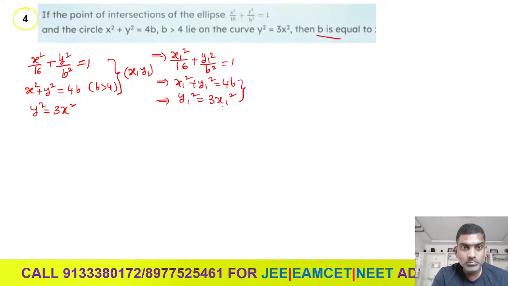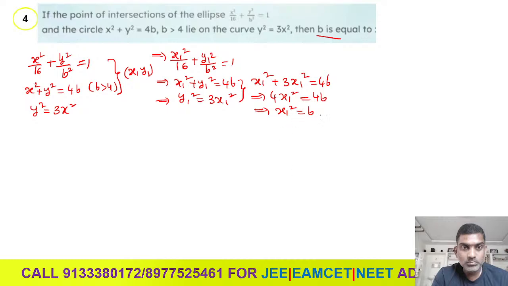So if we try to simplify these two, what do we get? We can get x1 square plus 3x1 square is equal to 4b. From this, 4x1 square is equal to 4b. Then we can get x1 square is equal to b.